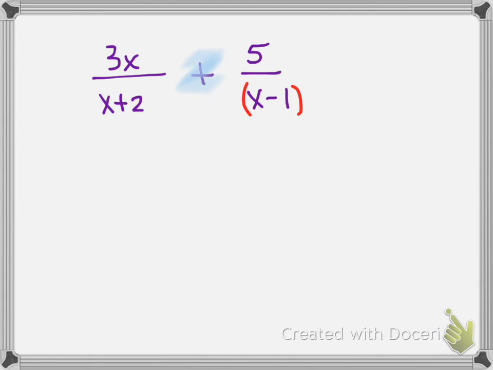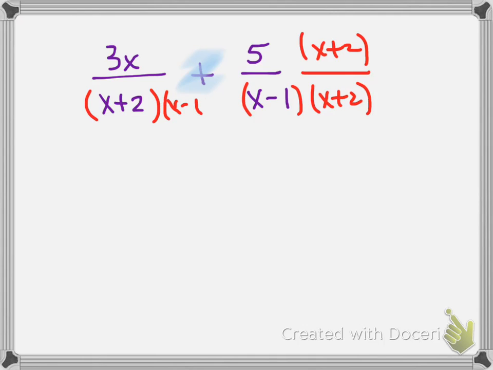In order to make them the same, this would need to have x plus 2 here, so I'm going to put that on top and bottom. In order for this one now to match this one, I need to put an x minus 1 over here. Okay, so now our bottoms are the same.